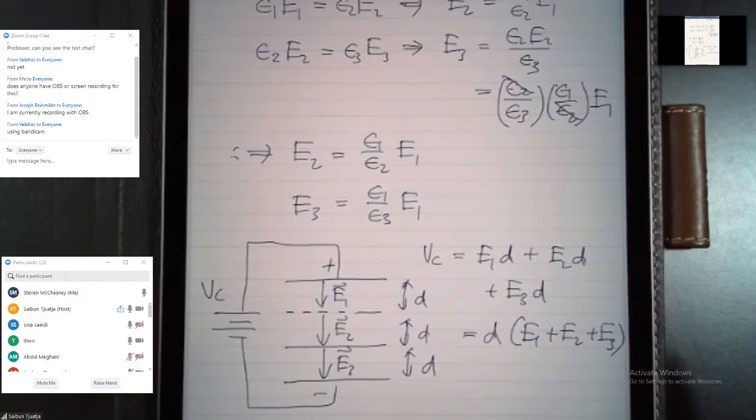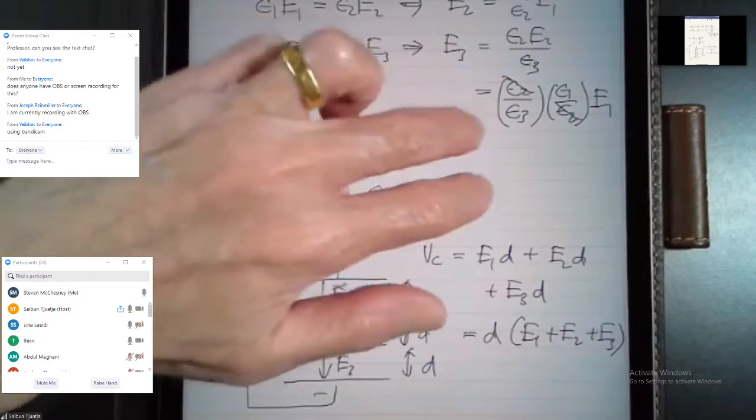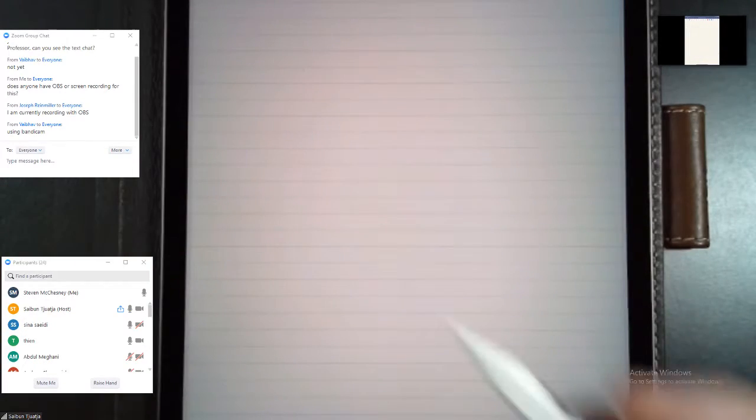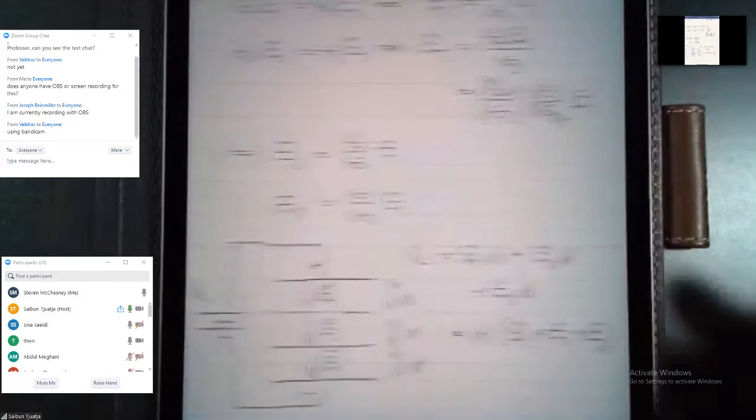I still cannot solve it because the voltage is given, but we don't know E1, E2, E3. Well, I know D. So what I can do is express everything in terms of E1. So let me use another page. Everybody got this down?